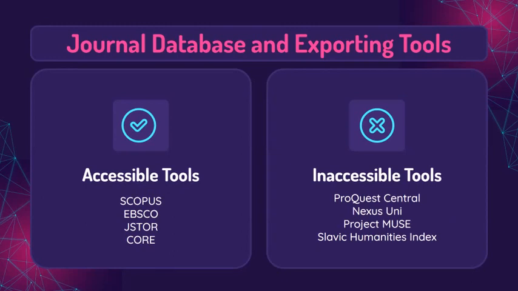Now, I want to be careful and state that when I say that some of these have inaccessible tools, I'm not saying they don't have APIs or tools, but that they're not readily usable. Either you have to pay extra to get those features, or they don't tend to work well, or it's just not easy for a library to learn how to use them.